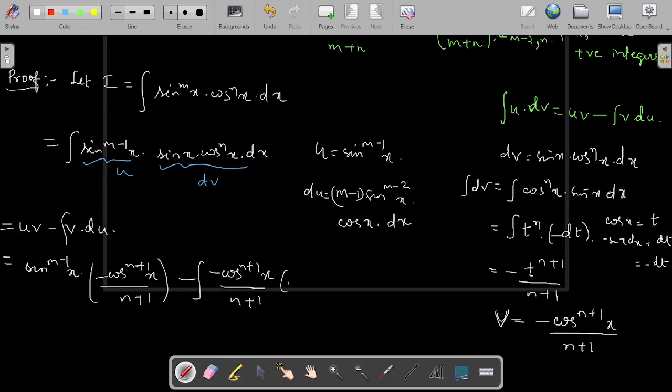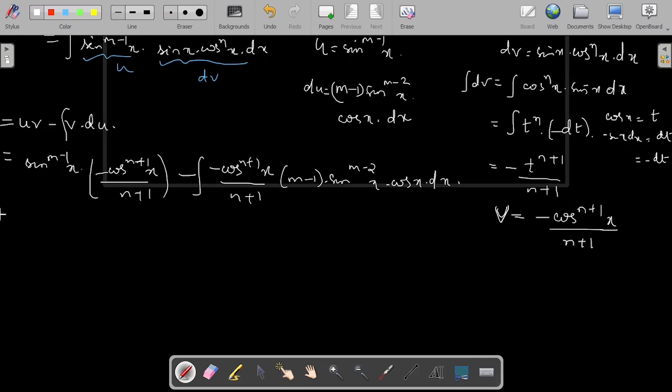We got du as (m-1) sin^(m-2) x cos x dx. Let us simplify this further. This is equal to minus sin^(m-1) x cos^(n+1) x divided by (n+1).